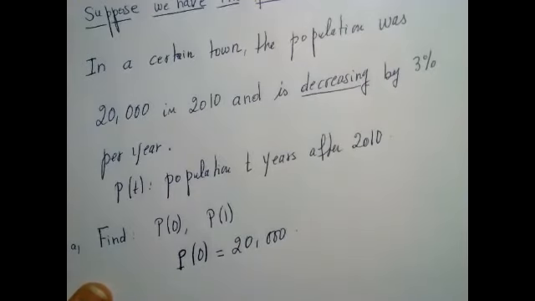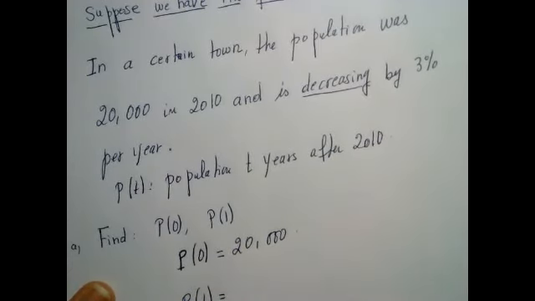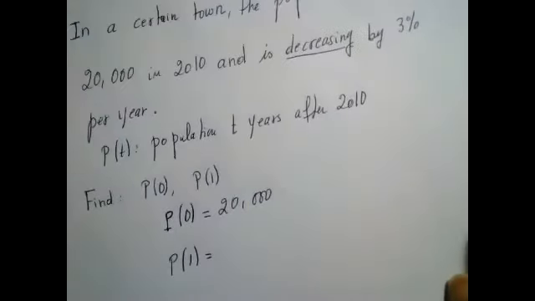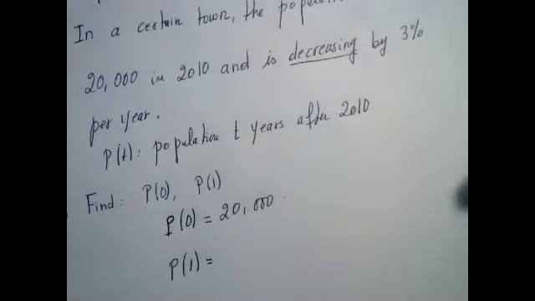Okay. What's P of 1? Now I want you to give me P of 1, and we're going to do it in 2 ways in this problem, like I did before. What is P of 1?